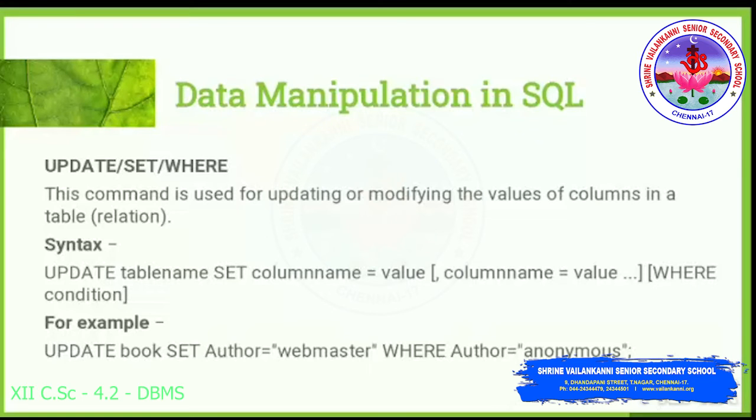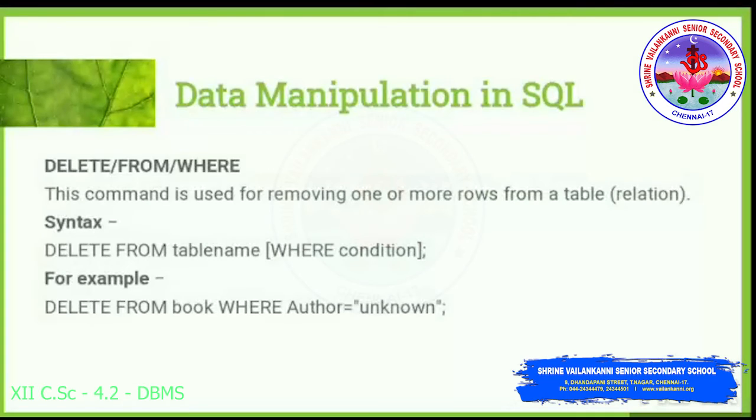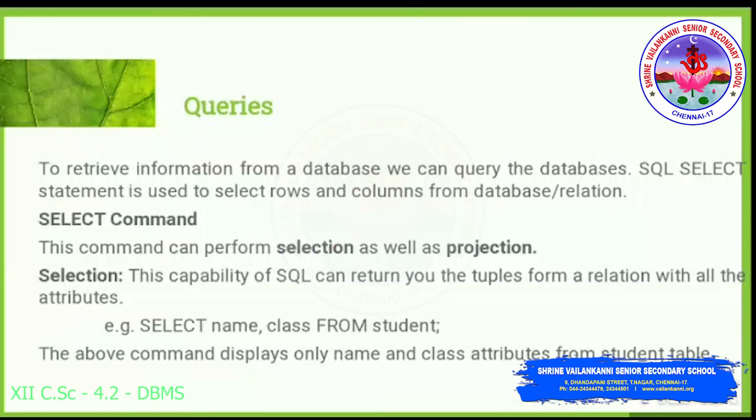For example, update book set author equal to webmaster where author is anonymous. So wherever there is anonymous, the author name is updated to webmaster. Delete from where. This command is used for removing one or more rows from a table or a relation. Syntax: delete from table name where condition. For example, delete from book where author equal to unknown.